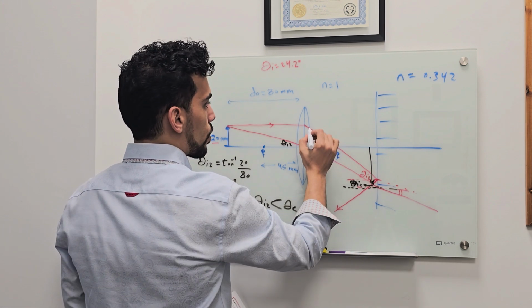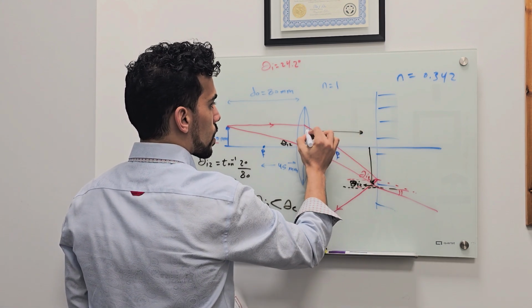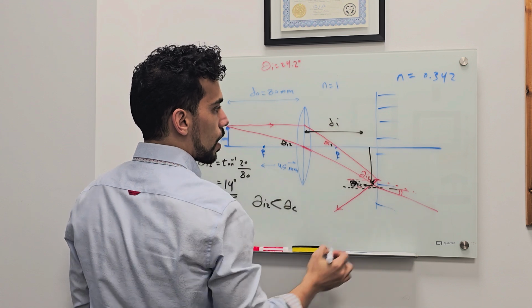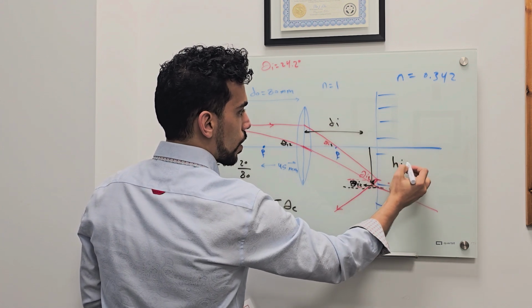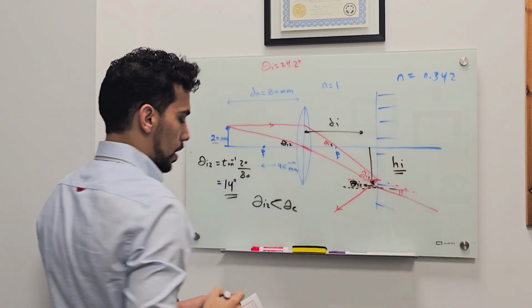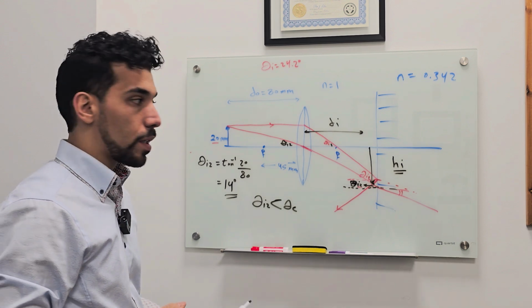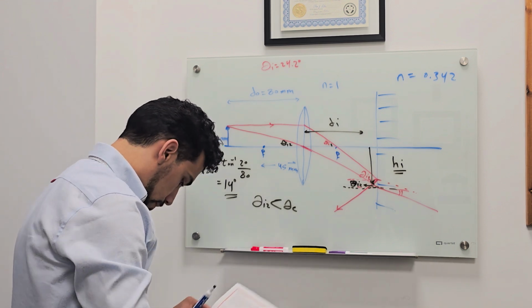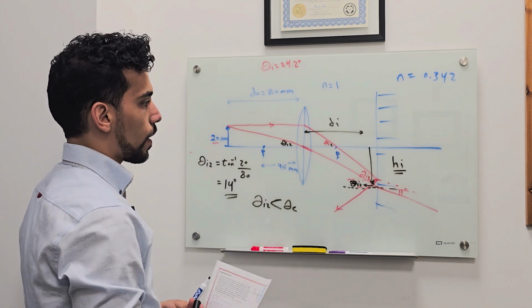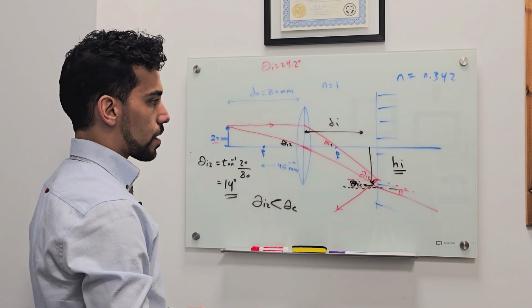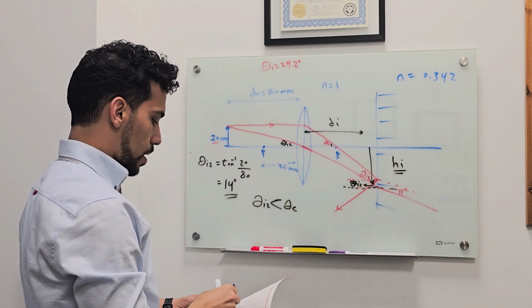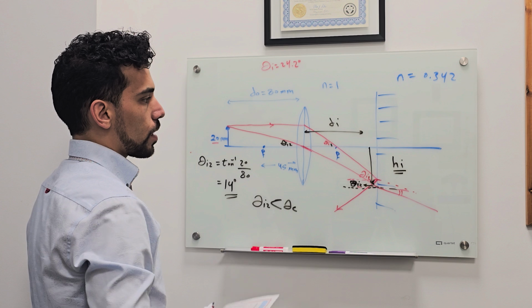So what we need to compute right now is the distance of the image and the height of the image itself. This is what we need to find. But how to find this? Okay, this is the critical question now.